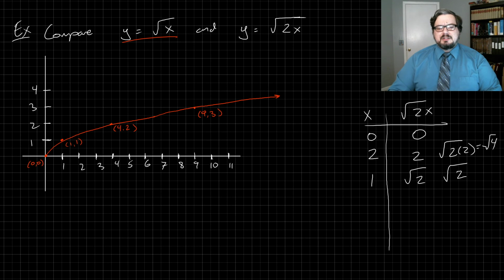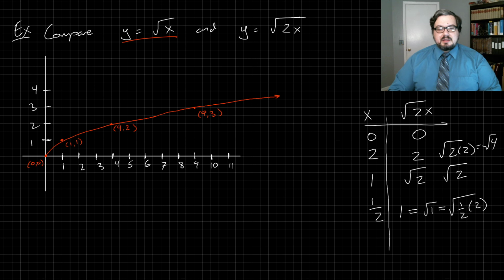That's not real nice to work with, so we'll leave that for now. But maybe we can be even more clever about this. What if we took an x value of 1/2? If x was 1/2, then the square root of 2x would be the square root of 1/2 times 2. 1/2 of 2 is just 1. So this is just the square root of 1, which is 1.